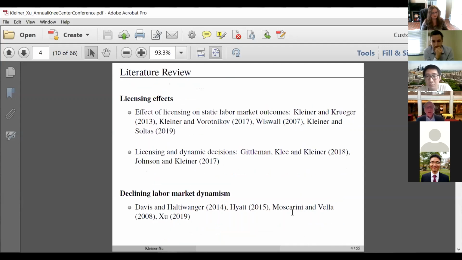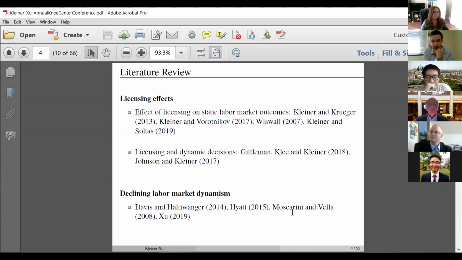So what is the background for this? Licensing effects: licensing on static labor markets. Some of the work I've done with Alan Krueger, Evgeny Vorotnikov, and others has looked at the overall effects of licensing in terms of cross-sectional results.